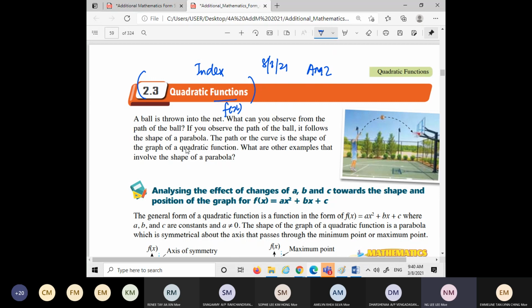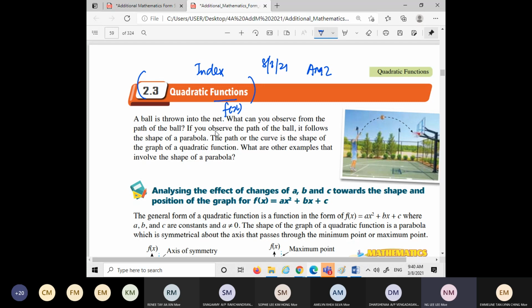Quadratic functions. We look at the picture on the right. When someone throws a ball into the net, the movement of the ball is the shape of a parabola. So the parabola shape is a quadratic function.